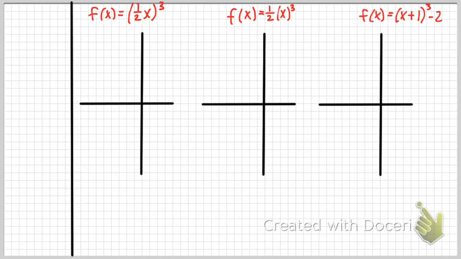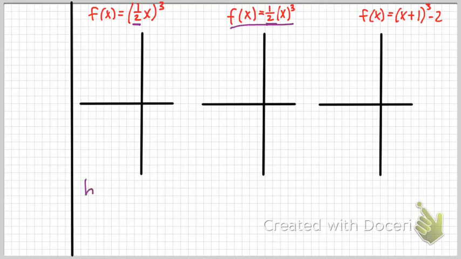All right, so now let's talk about that a and b. You notice here we have the 1/2 inside of the parentheses. This is going to be my b position. And then we have our 1/2 outside of the x cubed in this problem here, and that's going to be my a position.